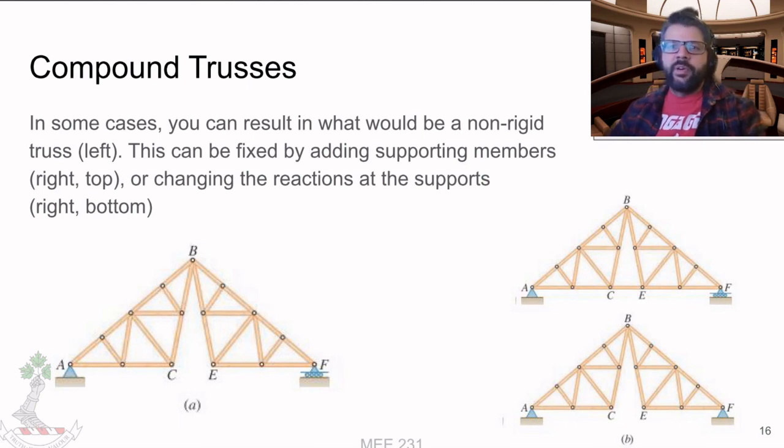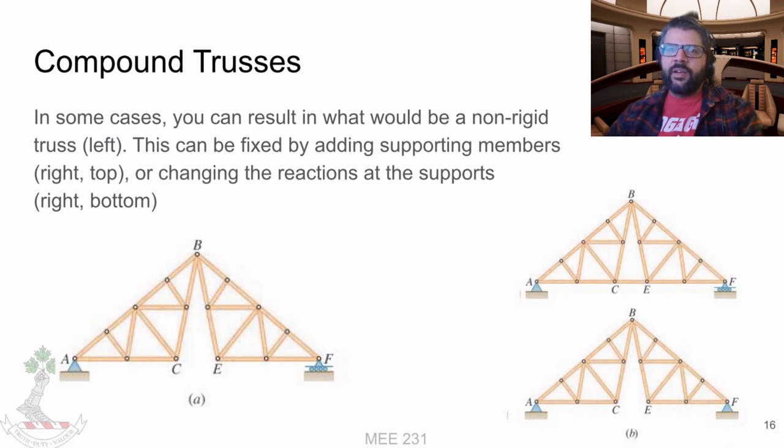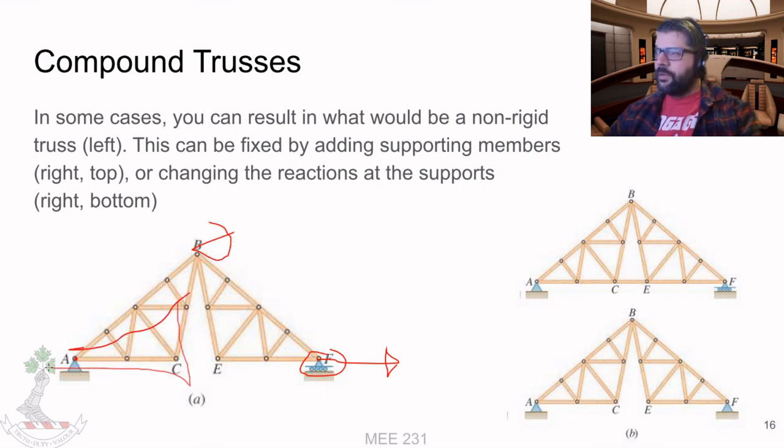So, for example, we got these two triangular-looking trusses here on the left. If we just connect them at a point at B here, pin it together, and try to call that a day, well, then when we connect it to our supports, we got a pin here, and we got a roller here. And essentially what's going to happen is this thing's going to shoot off this way, and then this thing's going to collapse downwards. And then bridge falls, everyone dies.